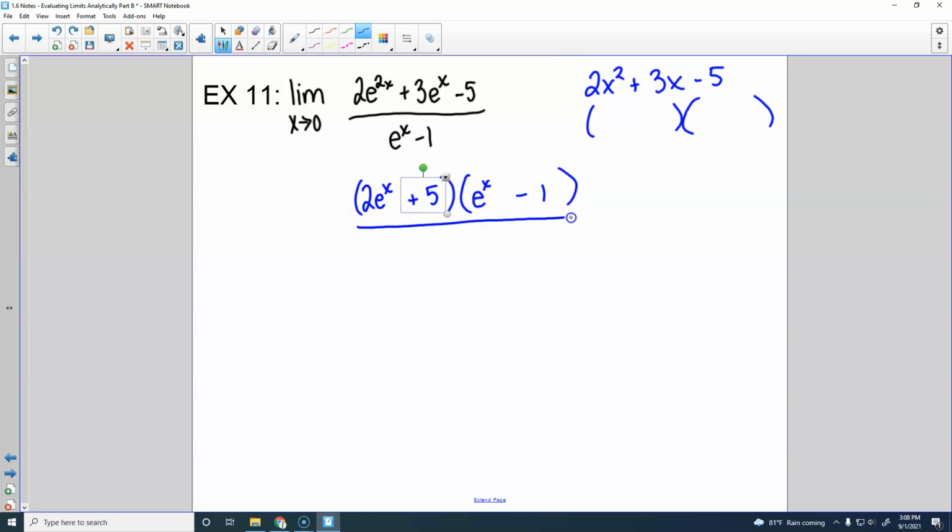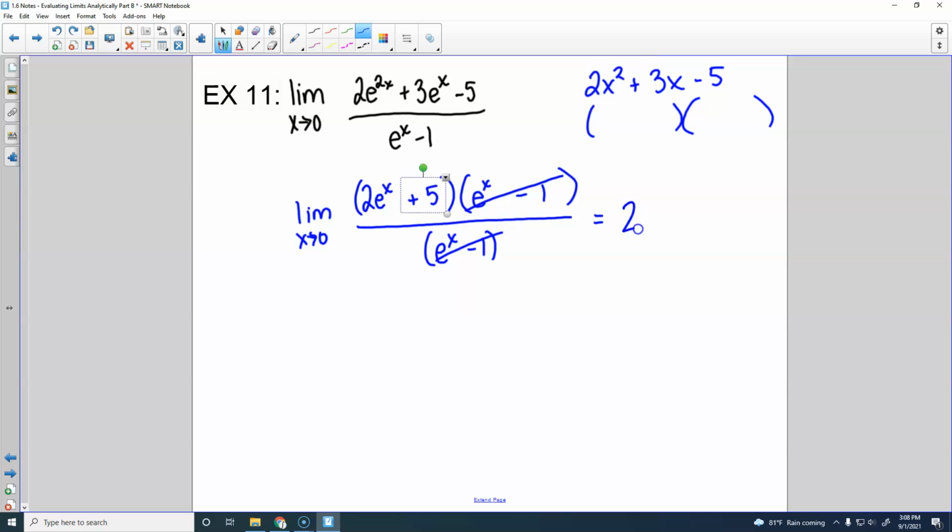Okay. 2 times the negative 1 will give you a negative 2. This will give you 5. E to the x minus 1. What can happen? These cancel. I should keep my limit notation and not be so lazy.